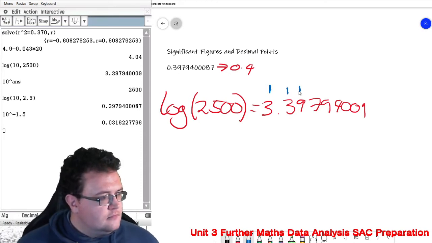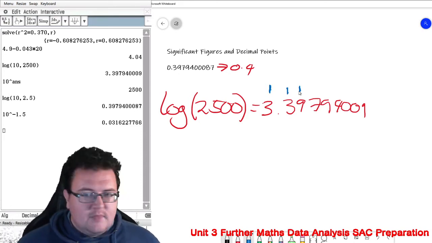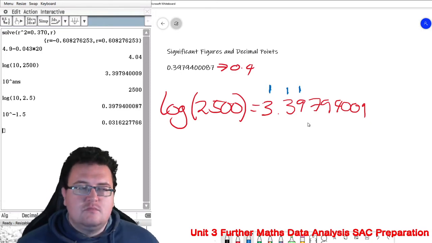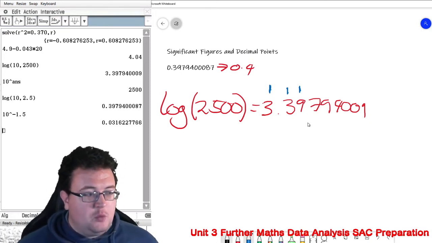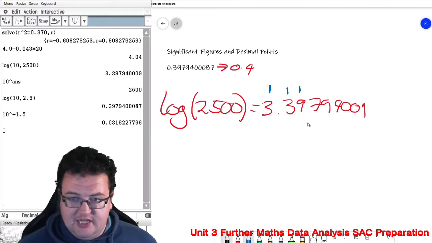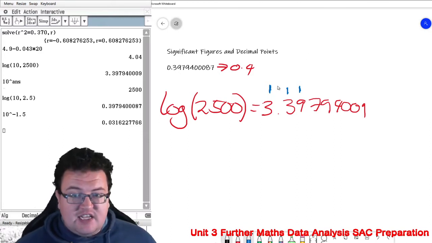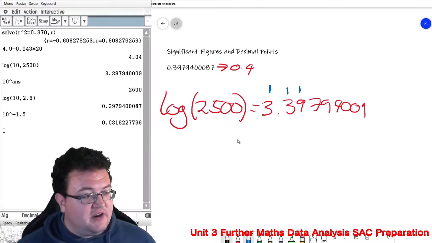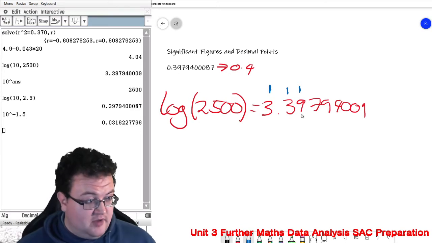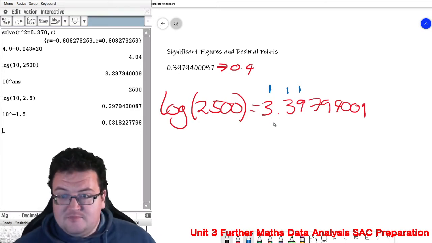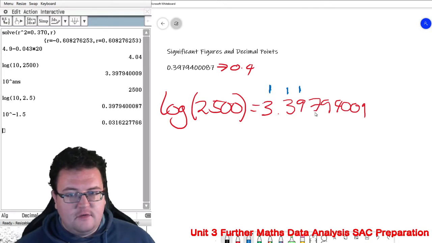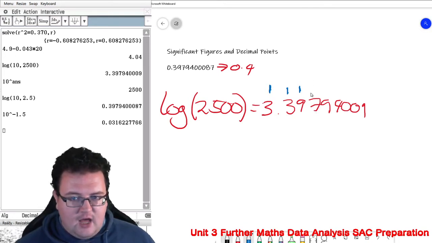Now, same rules apply as if you were rounding to decimal places. Coincidentally, in this case here, 3 significant figures is also to 2 decimal places. So I'm going here. 1, 2, 3. Look at the next number. That's more than 5. So I'm going to round up.